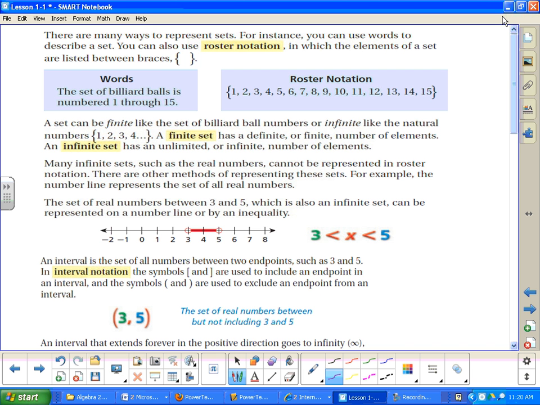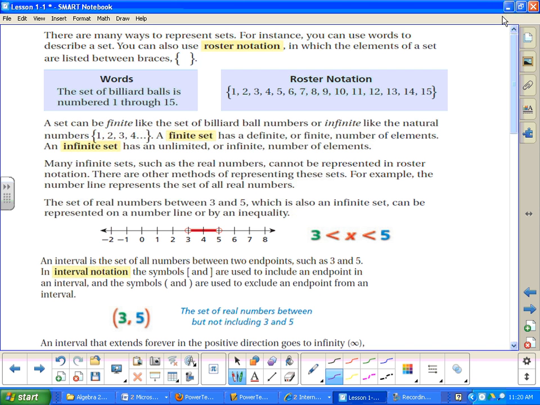So for instance, we had the set of billiard balls. The billiard balls are numbered from 1 through 15. So if I have roster notation to do that, I would put braces on the outside and then the numbers 1 through 15 separated by commas on the inside. Right? If we had the numbers 1 through 5, then we just list them 1, 2, 3, 4, and 5 with braces around them.